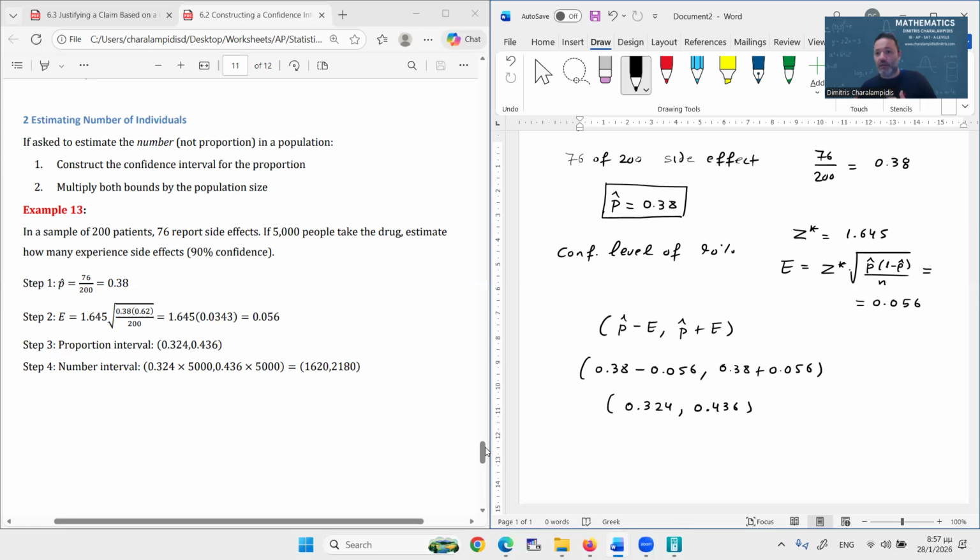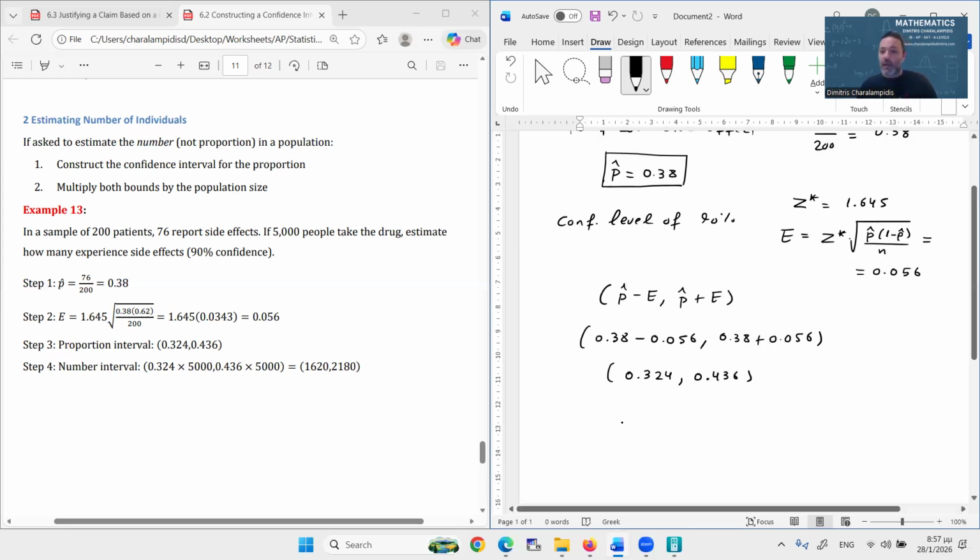So we expect, with a confidence level of 90%, that the true population proportion should be between 0.324 and 0.436.